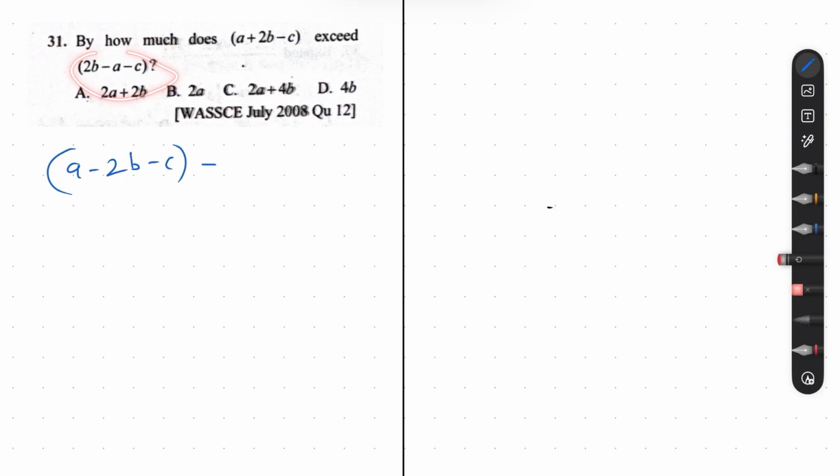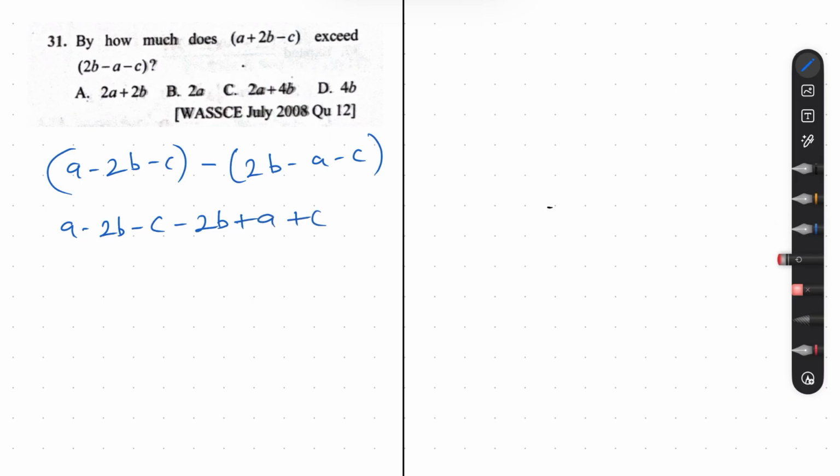Minus, 2b minus a minus c. Let's expand this and then we can subtract. So we have a minus 2b minus c. Be careful of this minus because it will affect everything. So we have minus 2b plus a plus c.